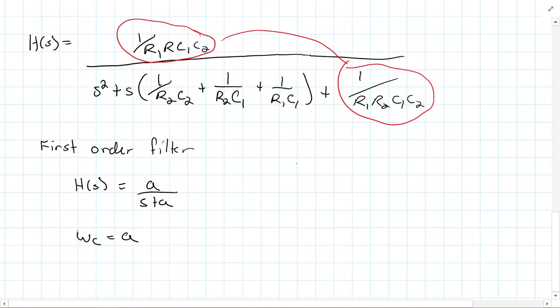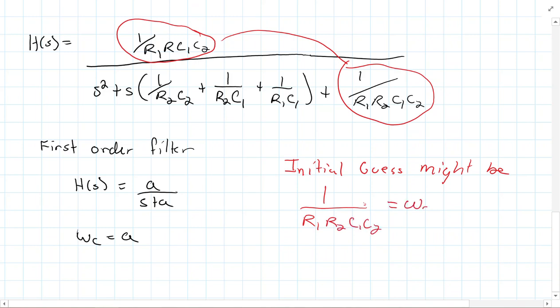So your initial guess might be 1 over R1, R2, C1, C2 is equal to omega C. That might be your initial guess because it's kind of somewhat similar to that first order filter.